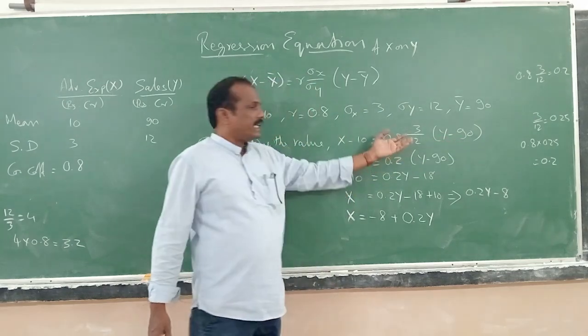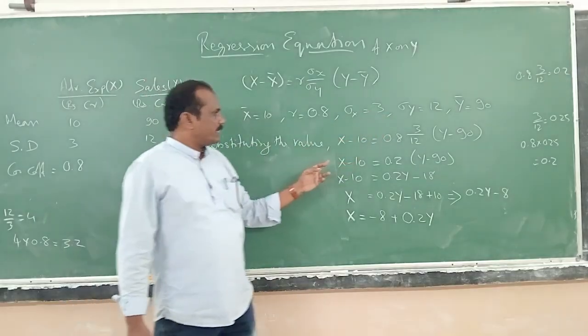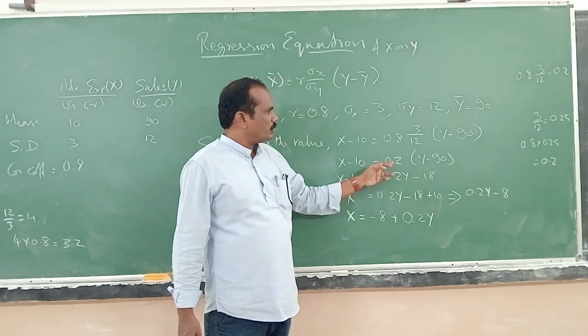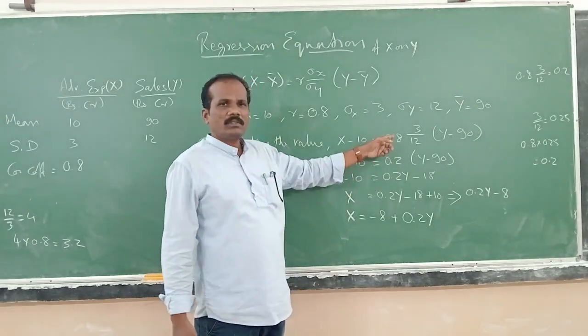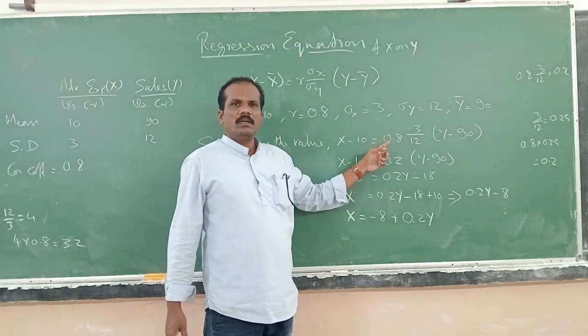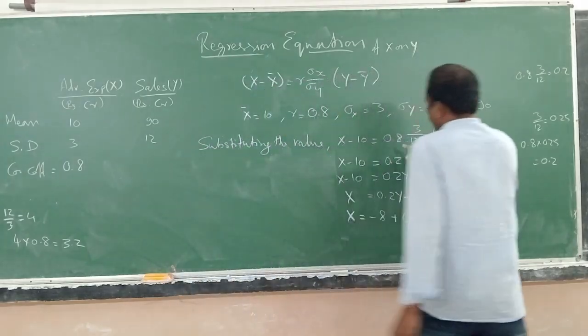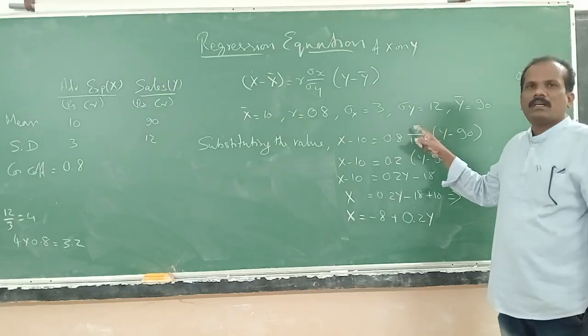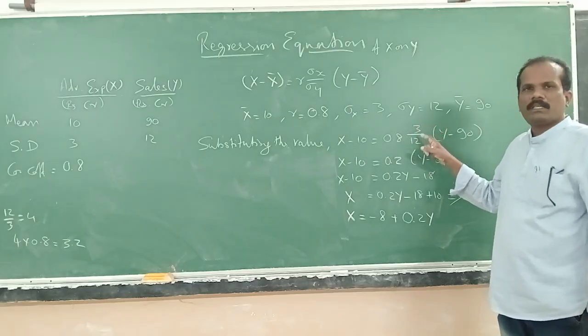So again substituting, x minus 10 is equal to 0.2, and this 0.2 comes from substituting r, 0.8, into 3 by 12.